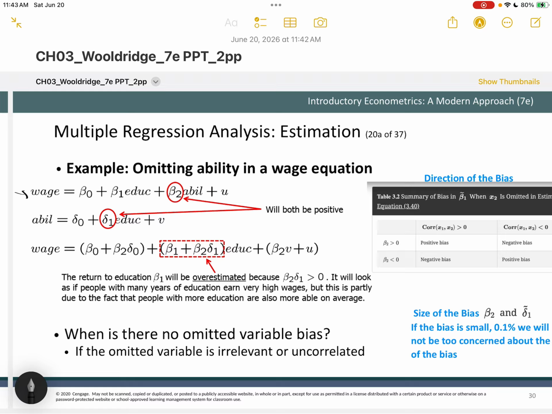So if I write the DAG on that, the directed acyclic graph, let's try to write it up here somewhere. Let's see, education impacts wage, and then there's U. Now in U we have ability.